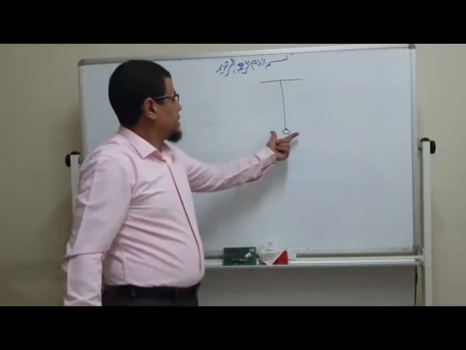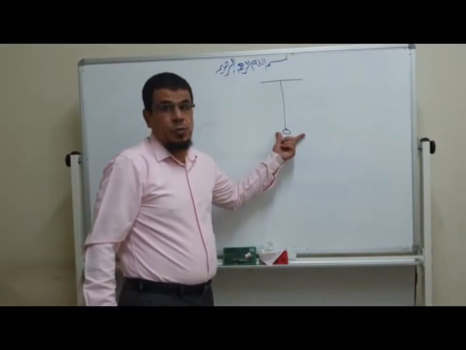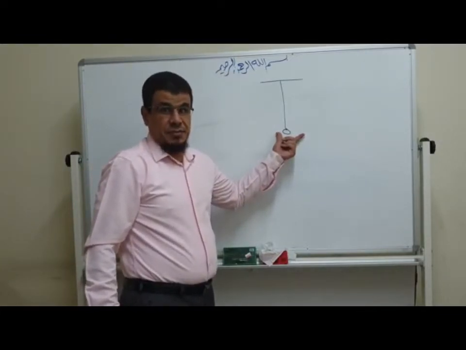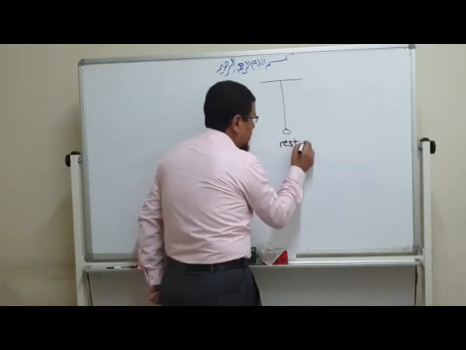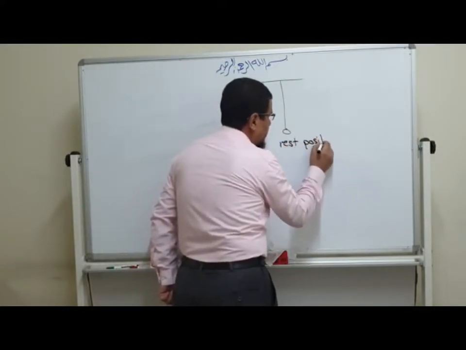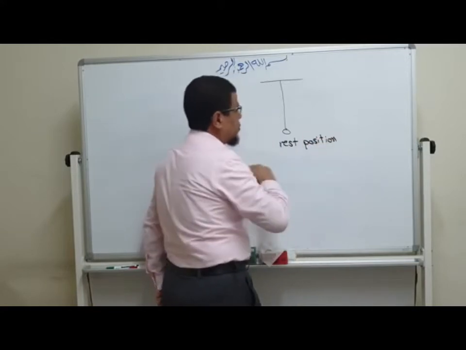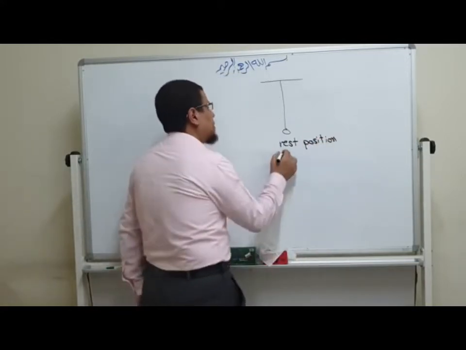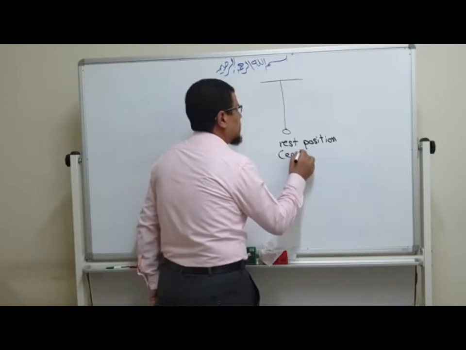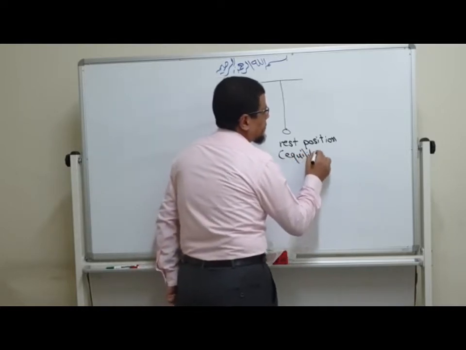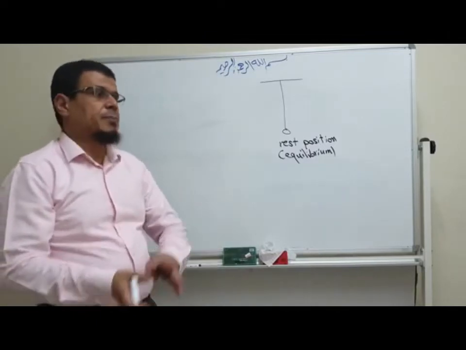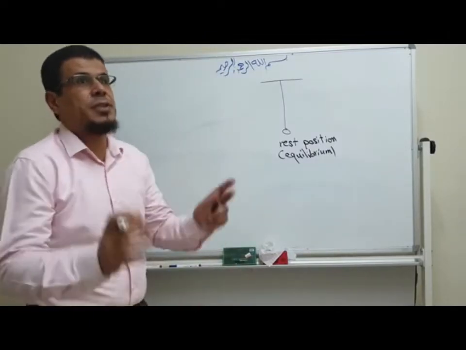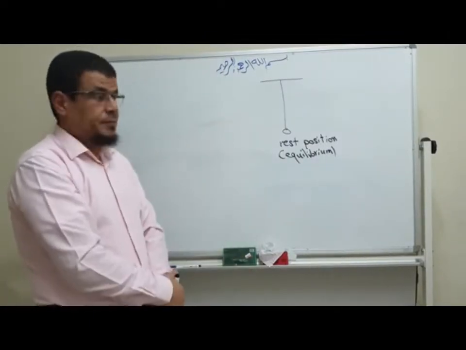This pendulum does not move. It is at rest. So this position is called the rest position. Or you can call it the equilibrium position or equilibrium origin, the same thing.